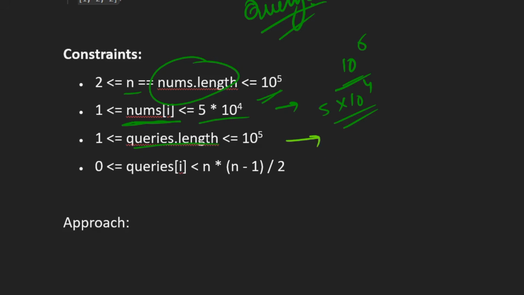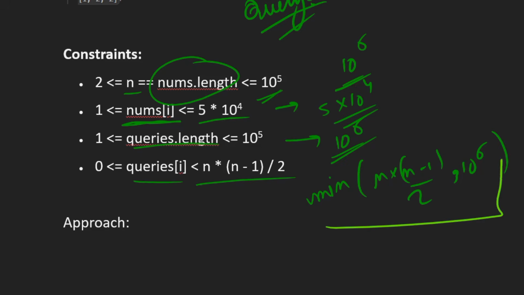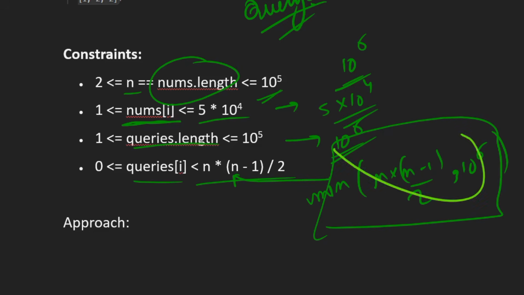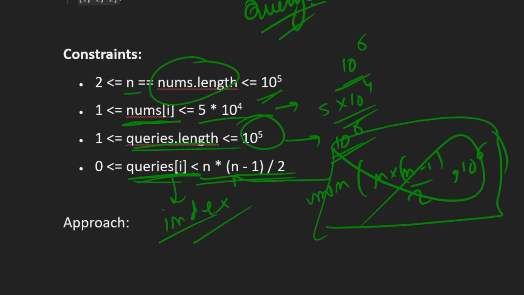The total number of queries can also be up to 10^5. Oh, sorry, I got it wrong. The total number of queries can be up to 10^5, and the value in the queries array can be up to n times (n minus 1) divided by 2.